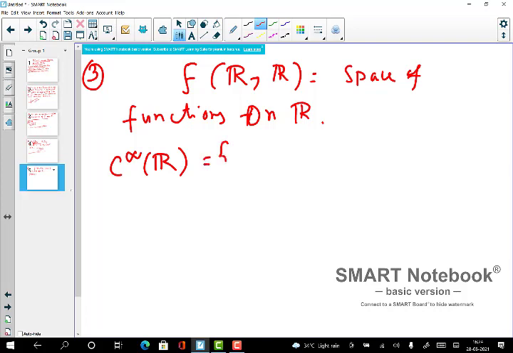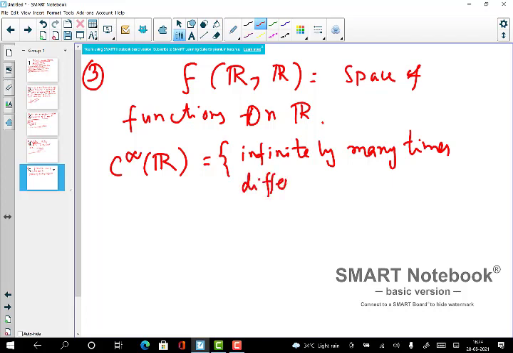Obviously this is a proper subspace, because if you add two such functions, it will again be infinitely differentiable, and if you multiply by a constant, it is still so.